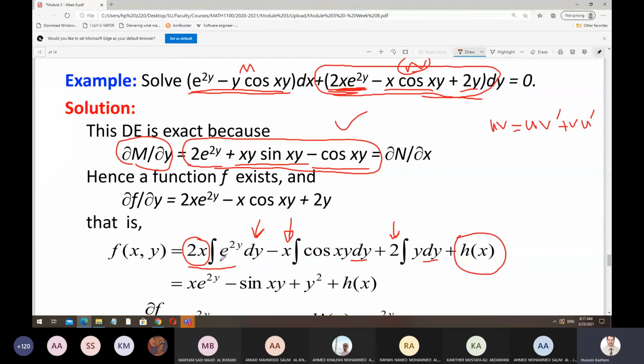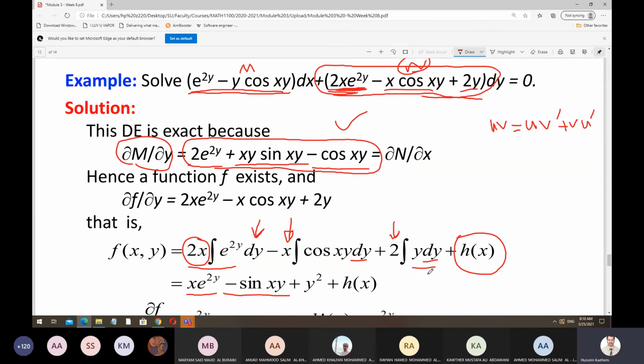Now integration of exponential 2y is 1 over 2 exponential 2y, 2 with 2. What is left is x exponential 2y. Now, integration of cosine will be sine, but I need to provide 1 over x, so x with x will be 1 directly.